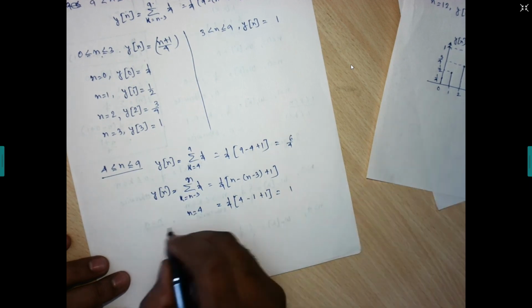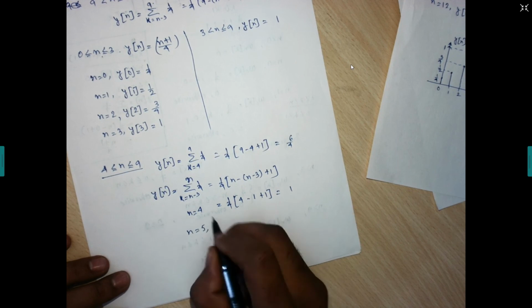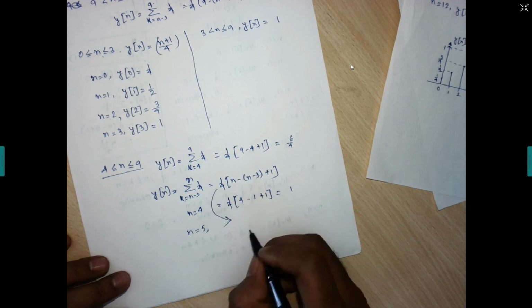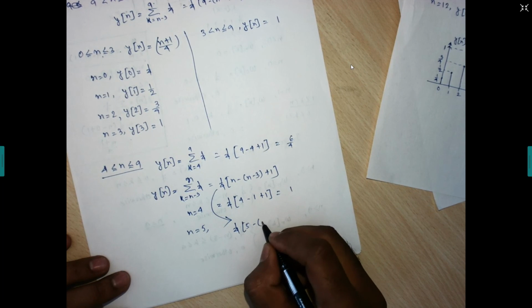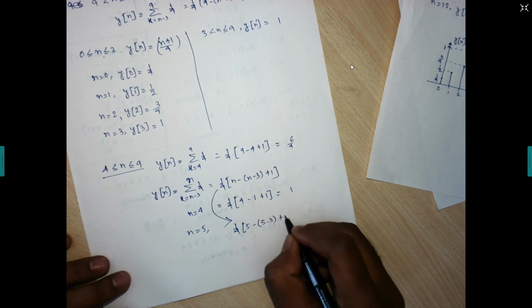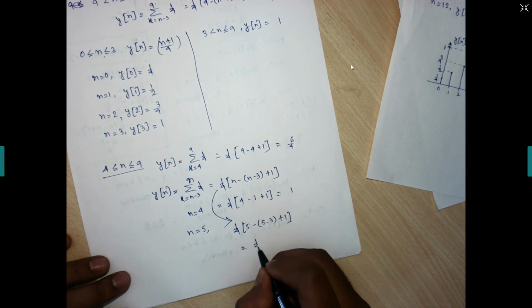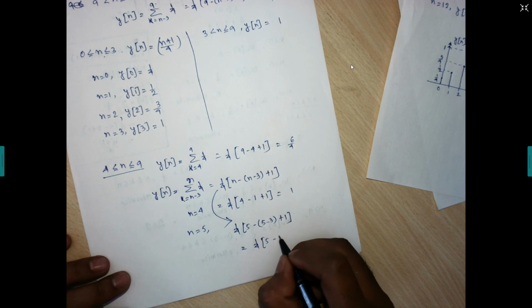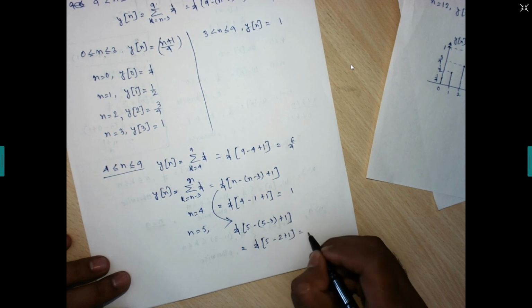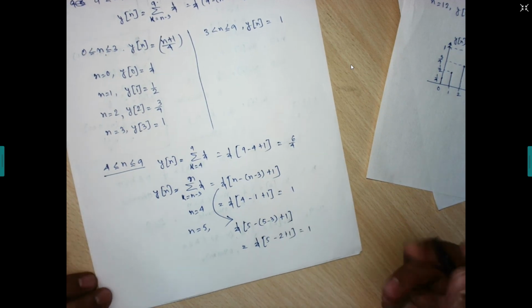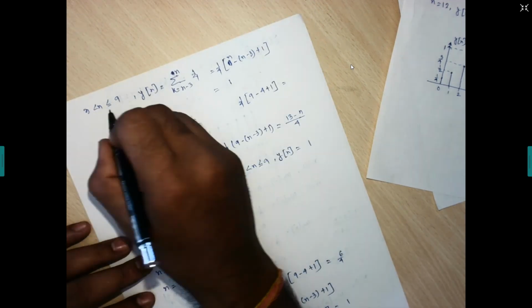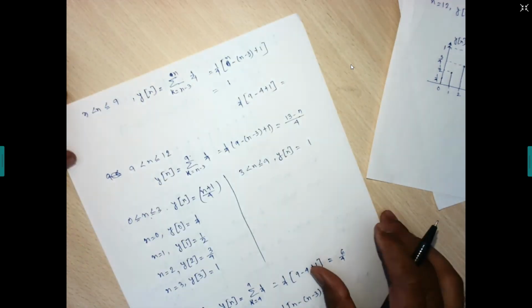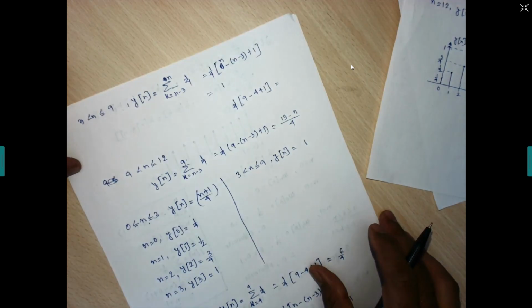If you take n equals 5, what will it result in? 1 by 4, 5 minus of 5 minus 3 plus 1, that is 1 by 4, 5 minus 2 plus 1, that is your 1. Clear? We are defining the range of n, but our k ranges from n minus 3 to n. Clear?